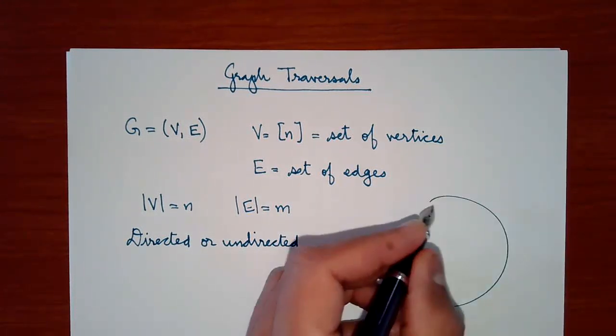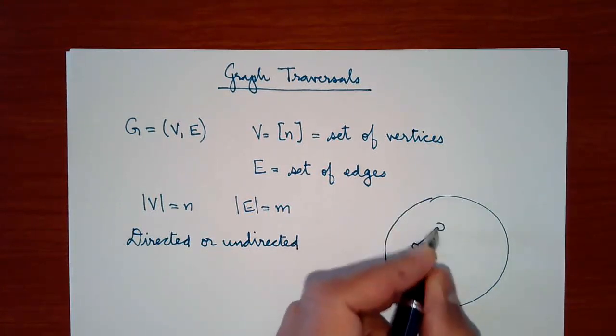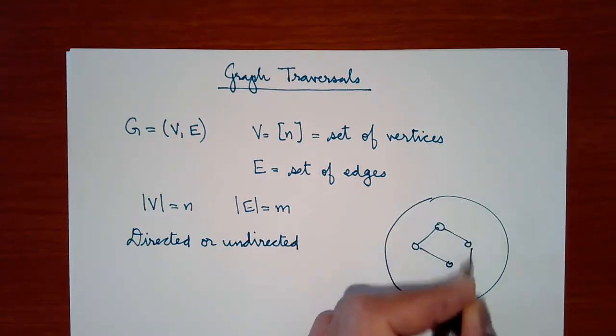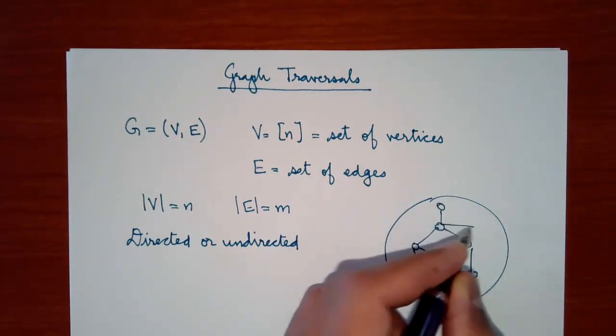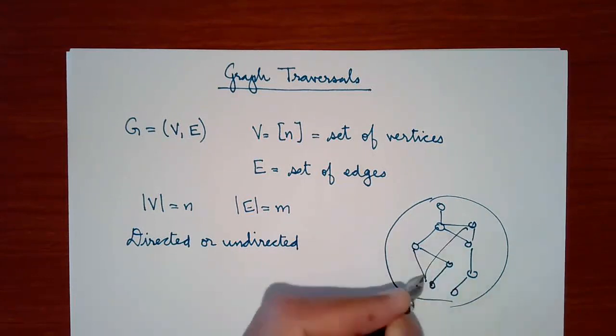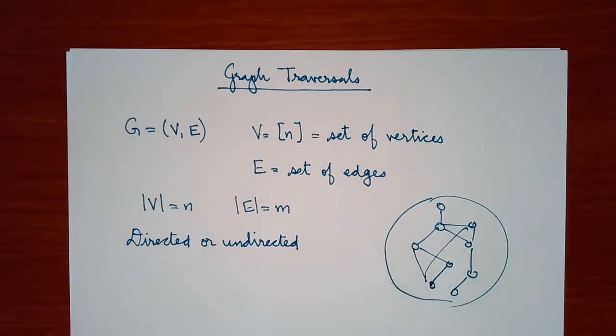And so what is your typical situation? You have some kind of graph. Here's some undirected graph. Now, whatever. So here's some graph that you have.